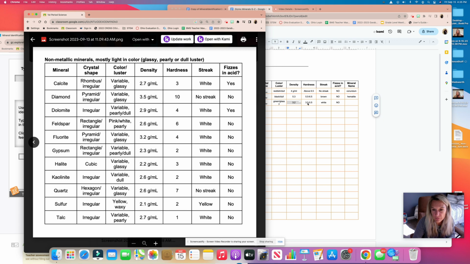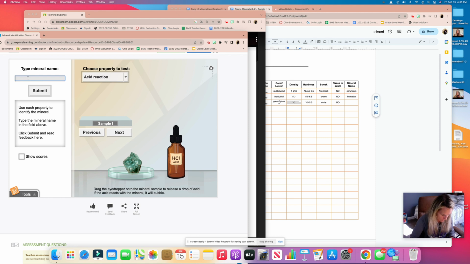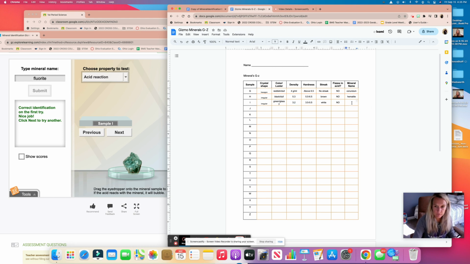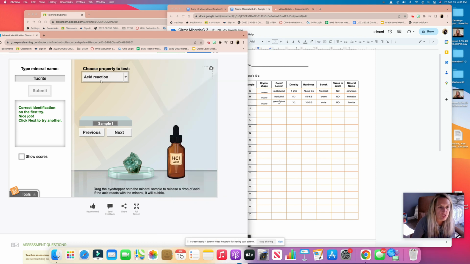Hardness of 4, does that fit in with 3.5 to 5.5? Yep. Streaks white and does not react with acid. So let's check and see if fluorite is correct. And yes, it is. Fluorite. There we go.